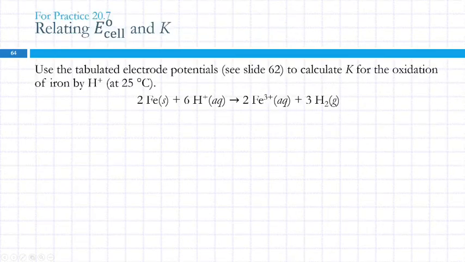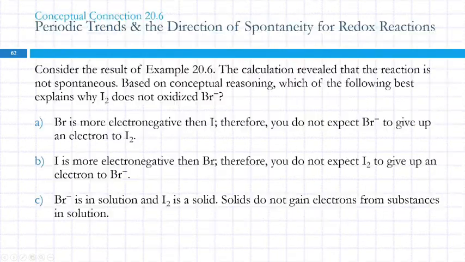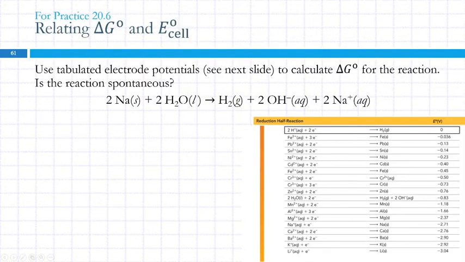Okay, let's practice with this one. Use the tabulated electrode potentials to calculate K for the oxidation of iron by H+. It says see slide 62, but I rearranged things, and so it's actually over here.